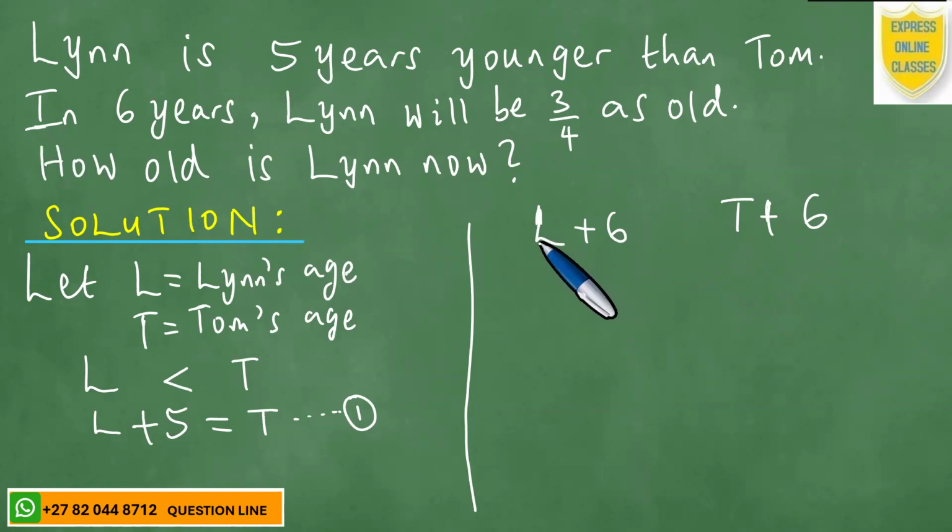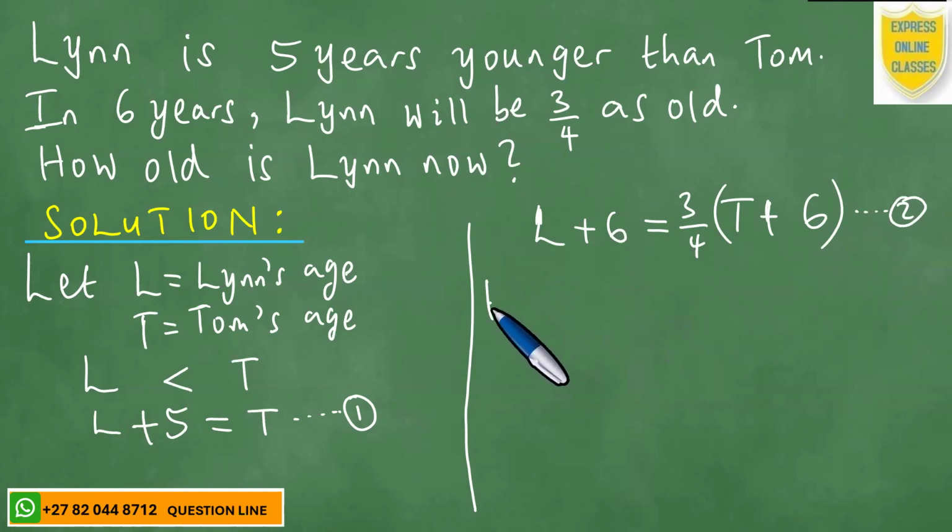So now we are performing a comparison between Lynn and Tom's ages: Lynn, the younger one, will be 3/4 as old as Tom will be in 6 years. We call this the second equation.